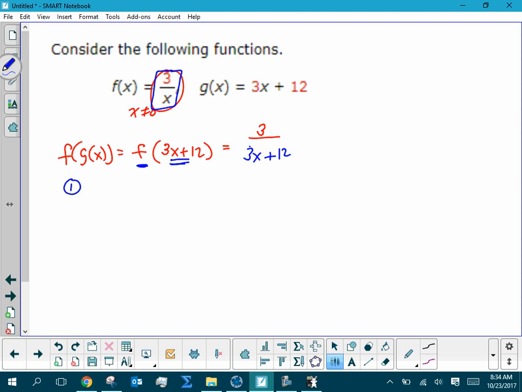That function doesn't have a domain restriction, so nothing there. But the second part is to look at the final composition, and then we realize that x cannot be negative 4. So writing that in interval notation, it goes from negative infinity to negative 4, union negative 4 to infinity.